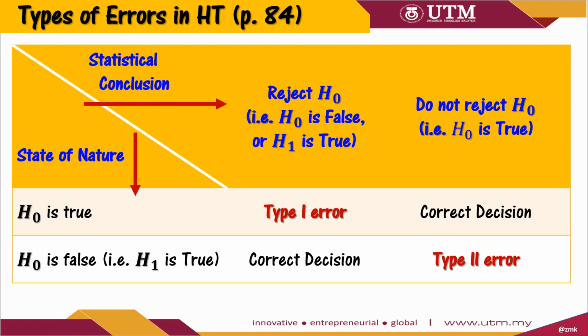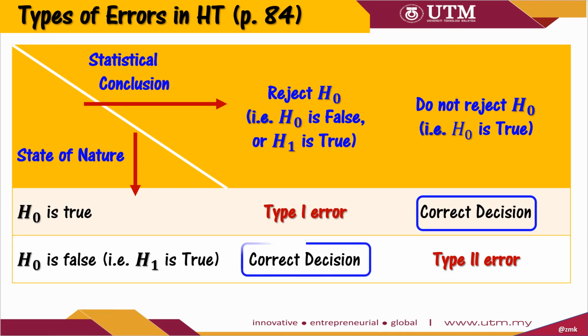For example, if H0 is true by nature, and after doing a statistical test, we conclude to accept H0 or do not reject H0, we then make a correct decision. Similarly, if by the state of nature H0 is false and our conclusion is to reject H0, we again make a correct decision, since our conclusion tallies with the state of nature.